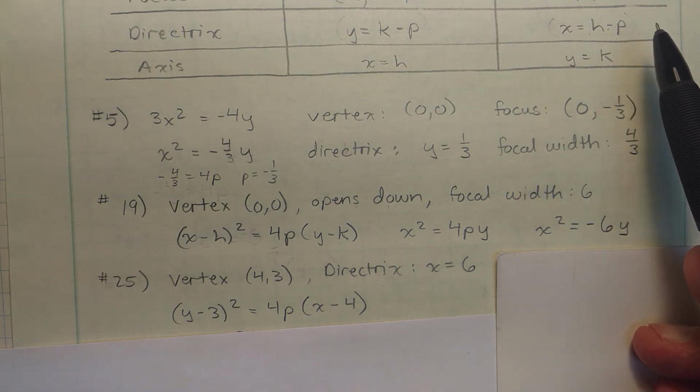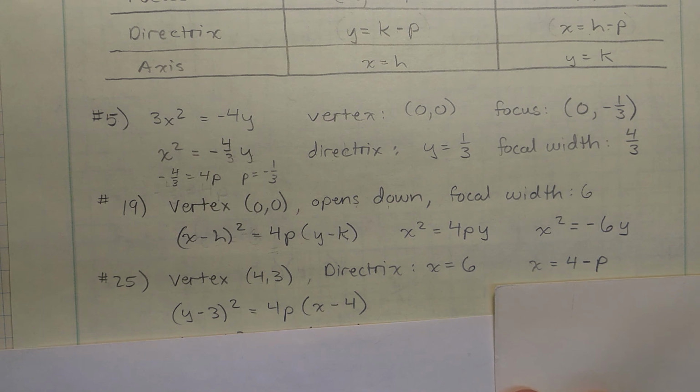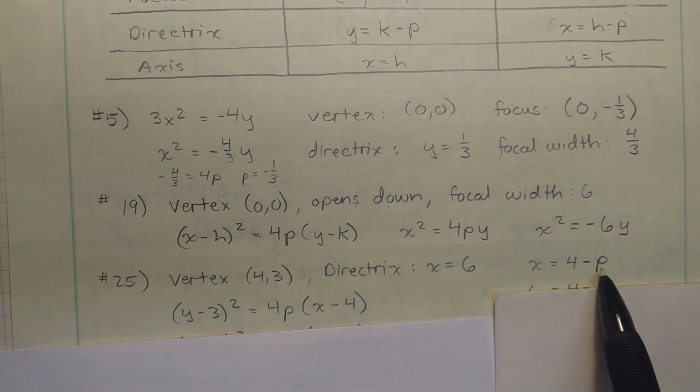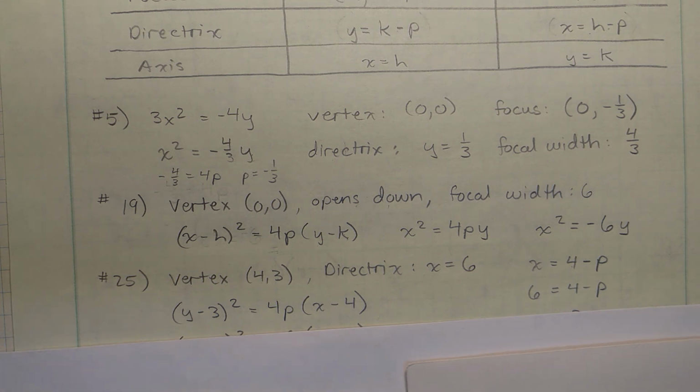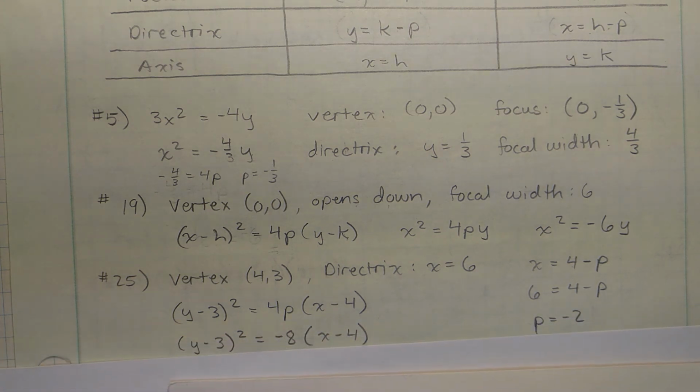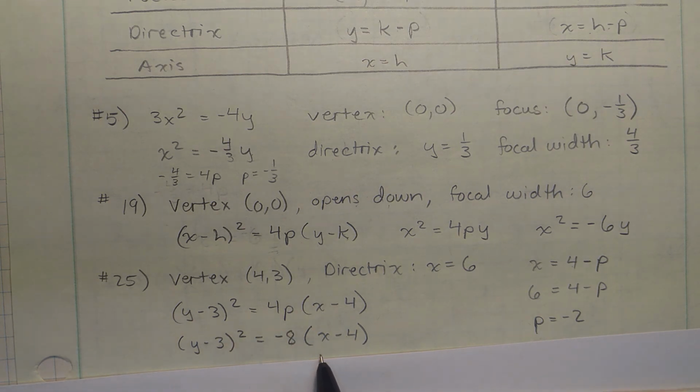So that is 4 minus p. I also know that my directrix is x equal to 6. So 6 has to be equal to 4 minus p. Solving for p, I see that p would have to be negative 2. So substituting in negative 2, I get y minus 3 squared equals negative 8 times x minus 4.